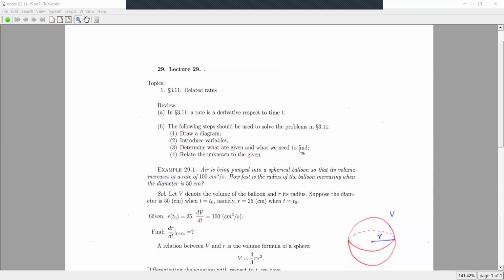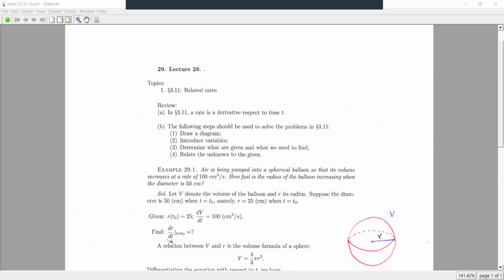About what we need to find. We need to find the rate of change of the radius at the instant when the diameter is 50 cm. Namely, we need to compute the derivative of the radius.